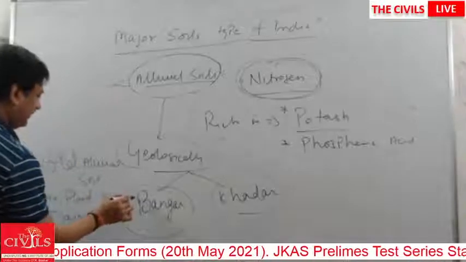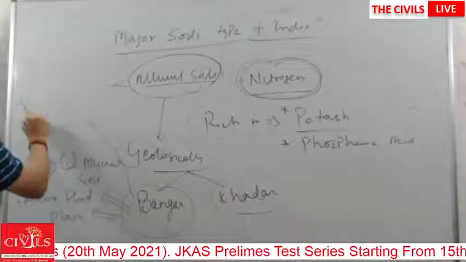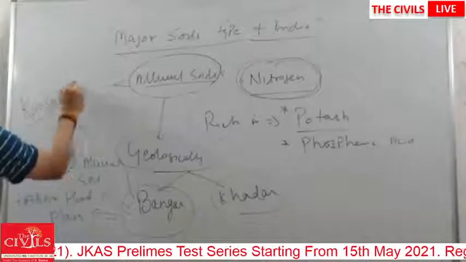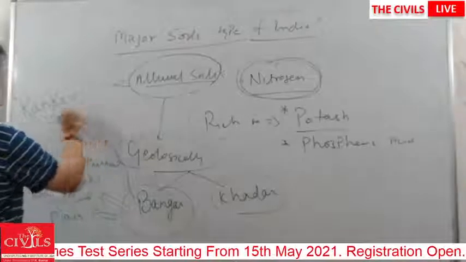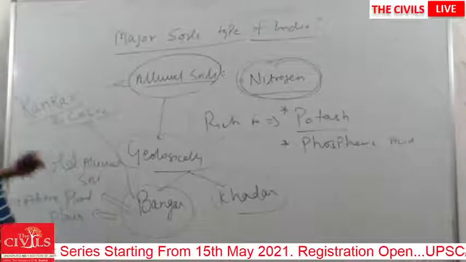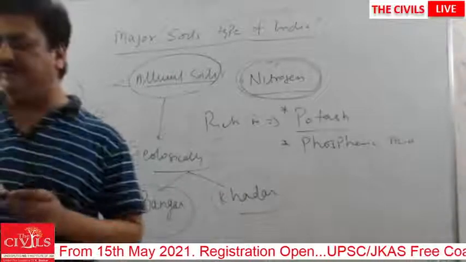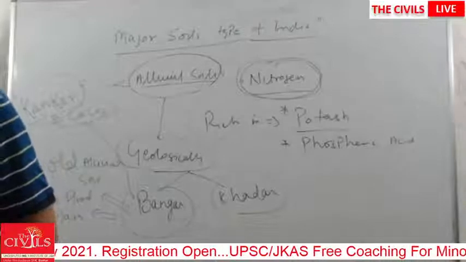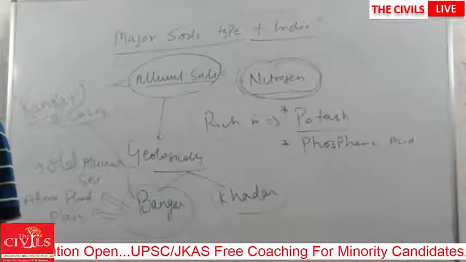Apart from that, this Bangar soil contains a large number of kankar. Kankar is basically the nodules of calcium carbonate. Because of this kankar, ploughing is a little bit difficult in this soil. New alluvial soil and old alluvial soil, I hope it is clear.